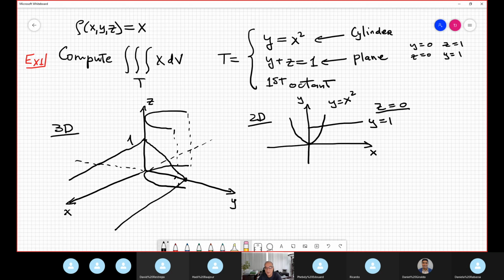Well, it's in both directions, but the problem is that we are working in the first octant. First octant means x positive, y positive, and c positive. So basically our region is that part in 2D. However, it gets a little bit complicated to see the solid.